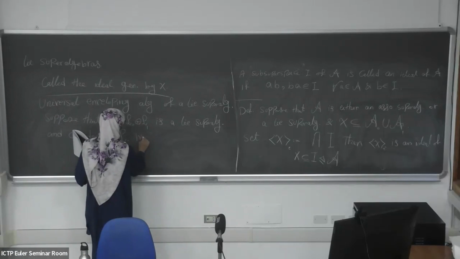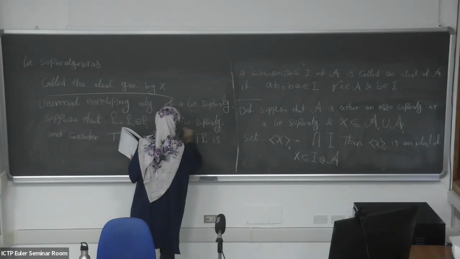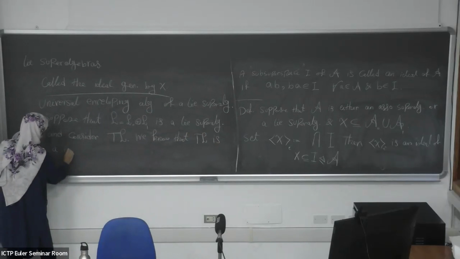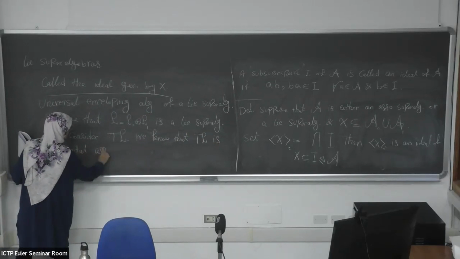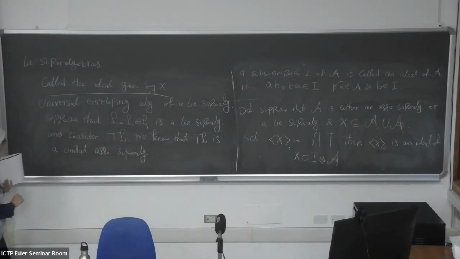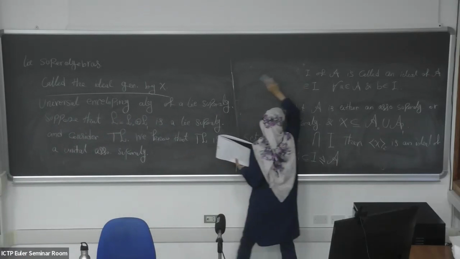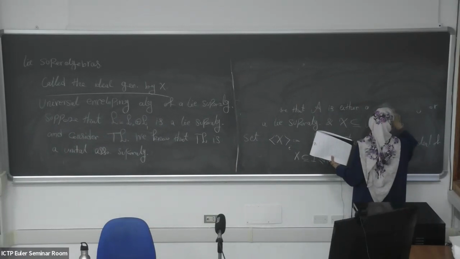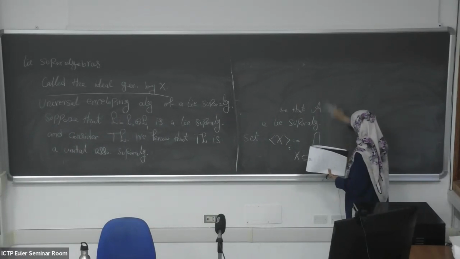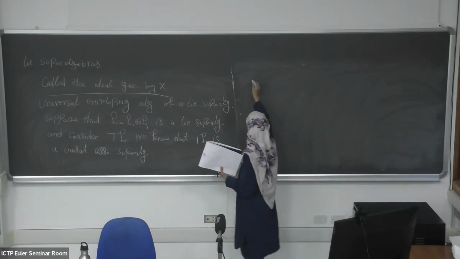We know that TL is a unital associative superalgebra, and then we can make a specific ideal of this associative superalgebra.